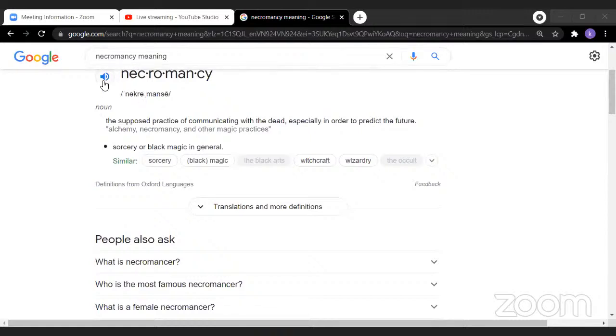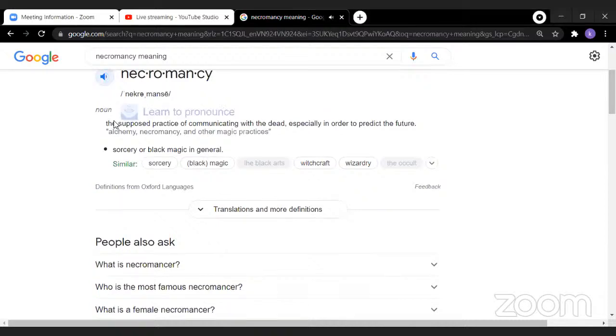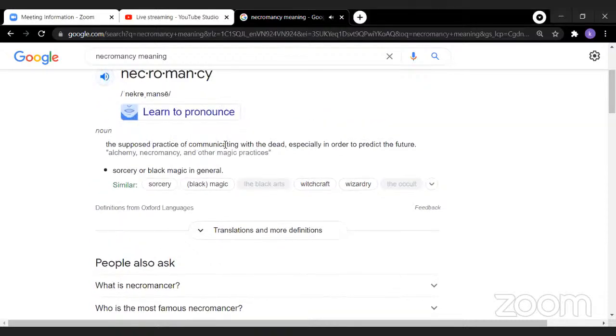Necromancy: the supposed practice of communicating with the dead, especially in order to predict the future. Sorcery, or black magic in general. Witchcraft, wizardry. Y'all see that?